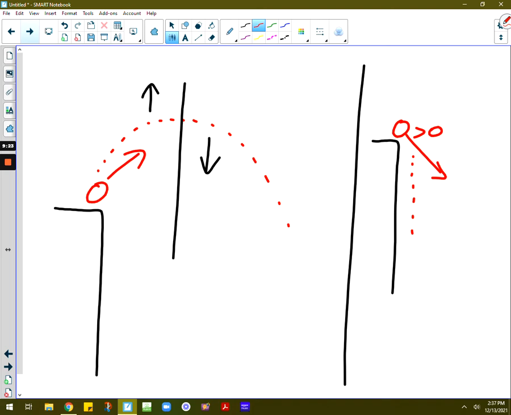Okay, and you're up and down. But that's just all considering the y part of it. The y part of it, you are just looking at an object in the up dimension and the down dimension that is in some kind of free fall. Like if it's doing this, then the first part of its flight, it is in free fall and it's slowing down.